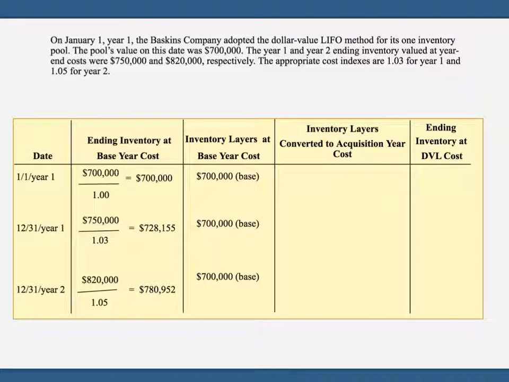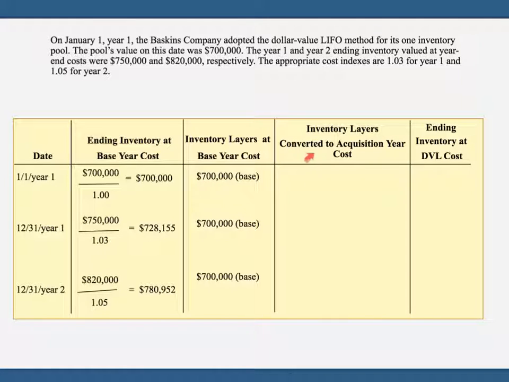Starting with year 1, we have our $700,000, which is our base year cost. We divide it by our cost index to give us $700,000, which makes sense because it is our base year, so there shouldn't be an increase in the cost index. So moving along, we see we have a list for our different layers. In year 1, we'll only have this base layer, $700,000.